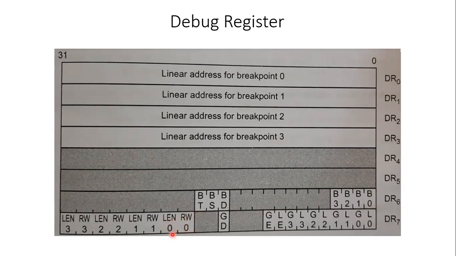Whatever is 0, B0 will refer to DR0, breakpoint 0, with respect to those conditions.